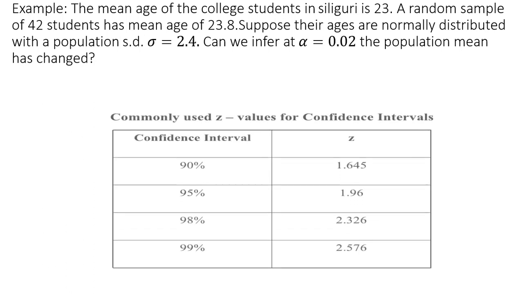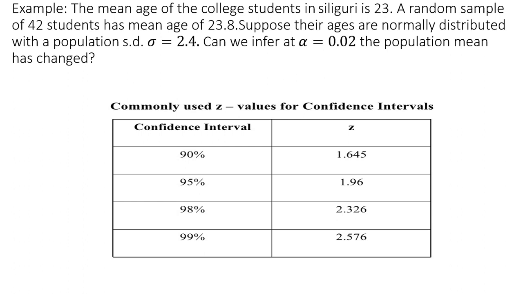Okay. Directly we will go for the solution, and one data I have given that you should remember, in case something goes wrong in your exam: the normal distribution table, and the commonly used confidence intervals. What is the meaning of this table? When Z runs from minus 1.645 to plus 1.645, the area covered is 90%.